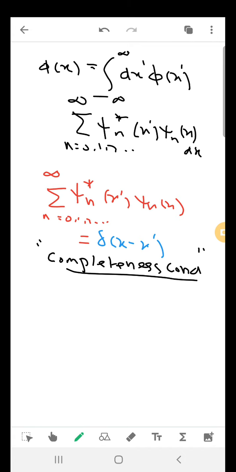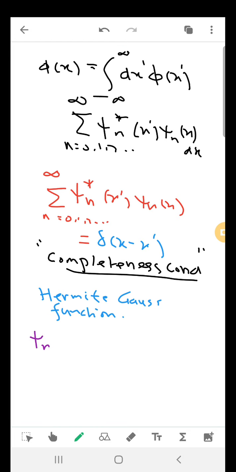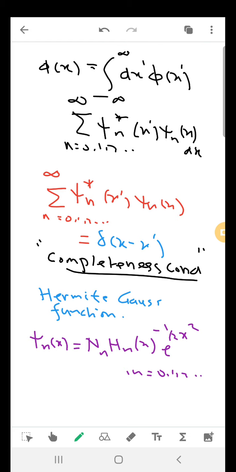Suppose we take a function, which is represented as psi n x is equal to N H n x to the power minus half x square, where n is equal to 0, 1, 2. This is your wave function.